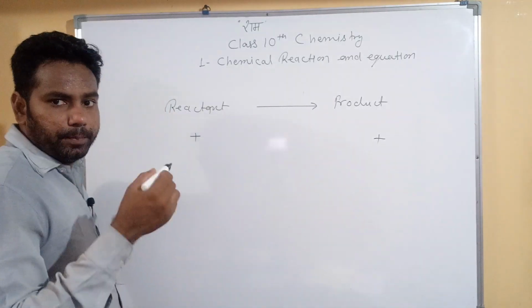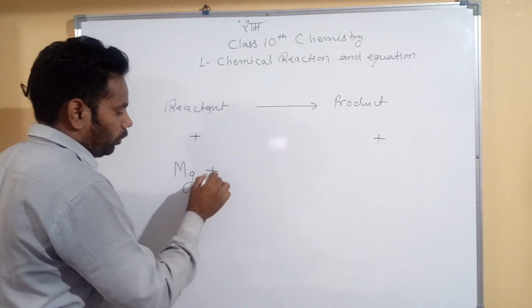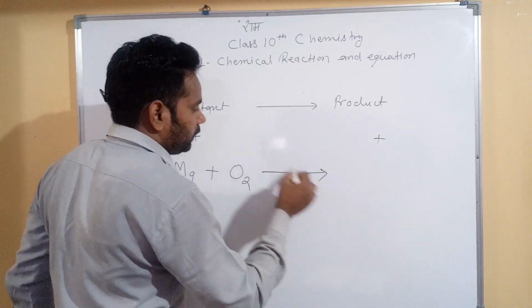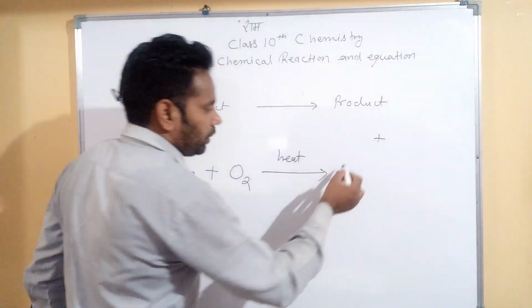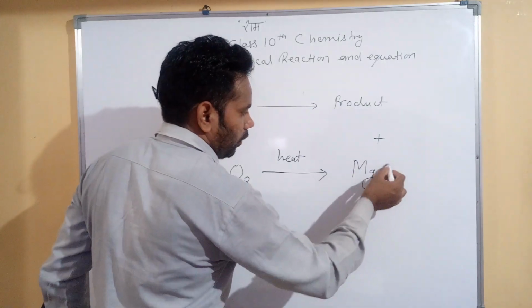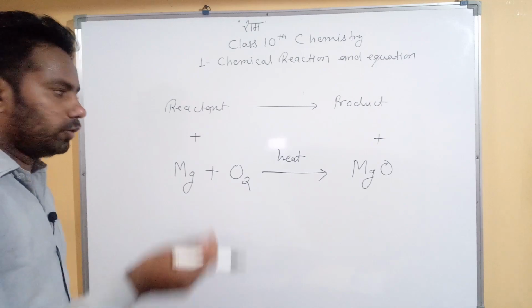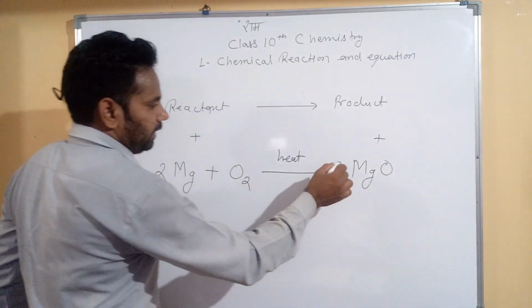Suppose we burn magnesium in the presence of oxygen. Magnesium reacts with oxygen in the presence of heat and is converted into magnesium oxide, MgO. Clear? But this equation is not balanced, so we balance the chemical equation. We put 2 here, and here also 2.